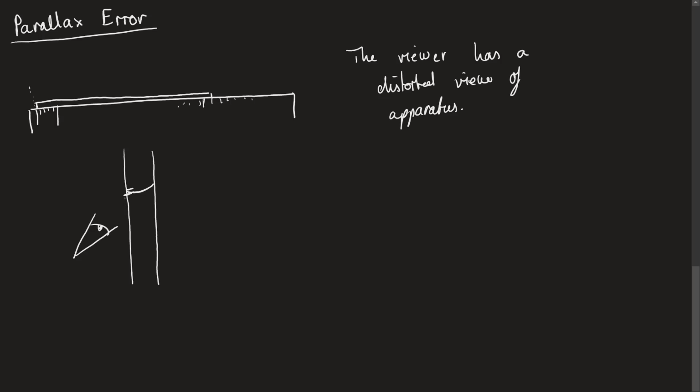So what we have to do here is correct the position and make sure you're looking at things like this at eye level. Okay, so view at eye level. Okay, and this is how we deal with parallax error. So you just have to make sure that how you're measuring it is acceptable, essentially.